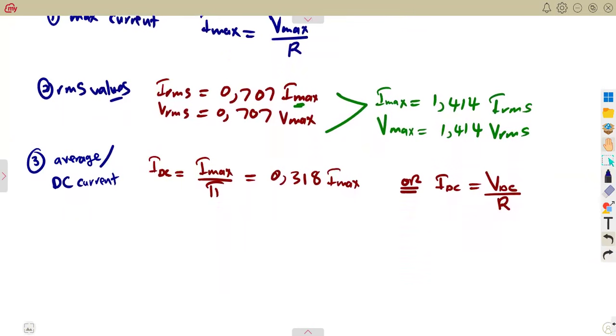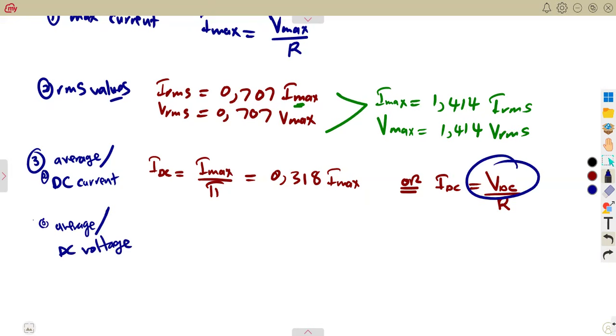Also, another important thing, still on the average values, let us just say A here and B. We're going to also talk of the average value of the voltage this time. So you're going to have the average of the DC voltage, which is VDC. Since we talked about this, you also need to know how to calculate it.